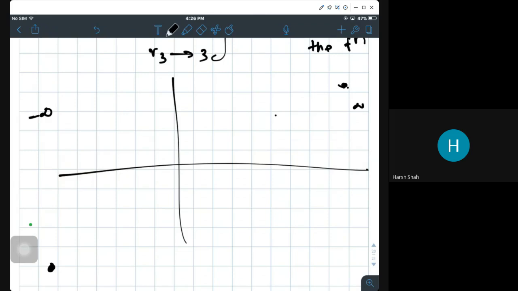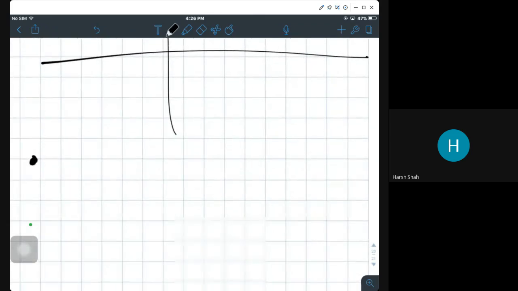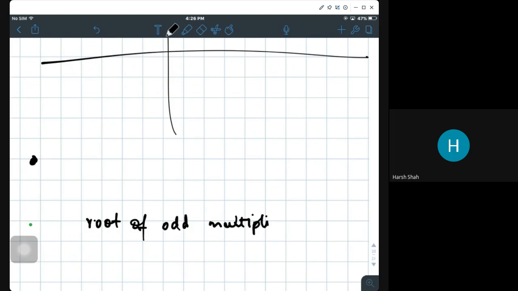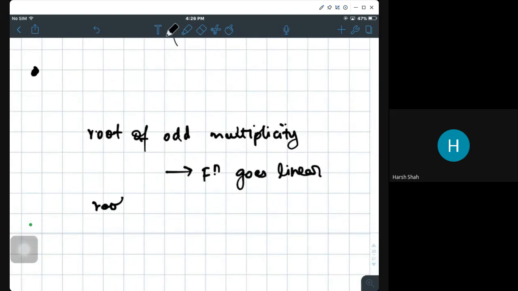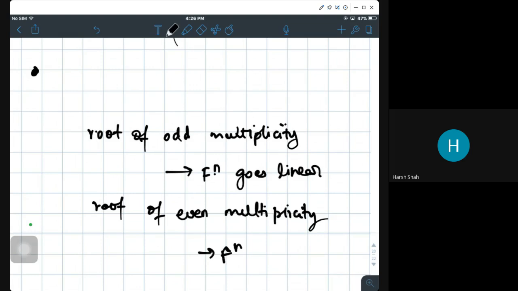Now what we do is, for a root of odd multiplicity, function goes linear, but for a root of even multiplicity, function bounces back.